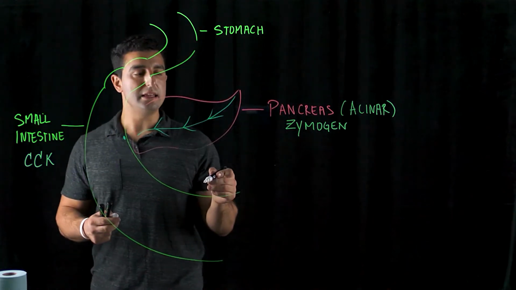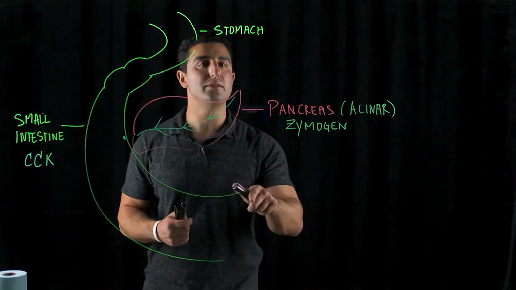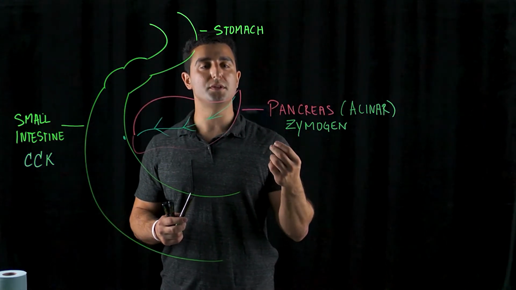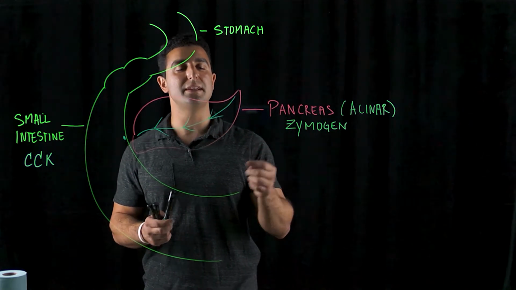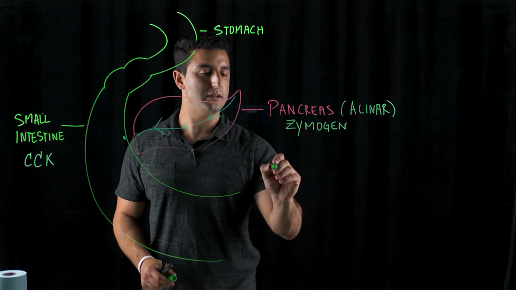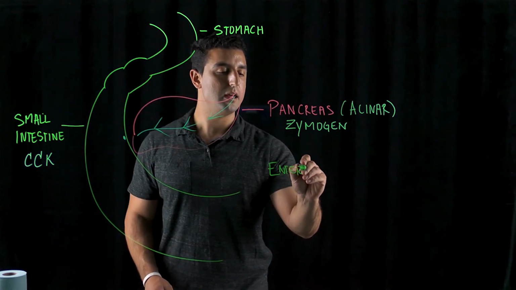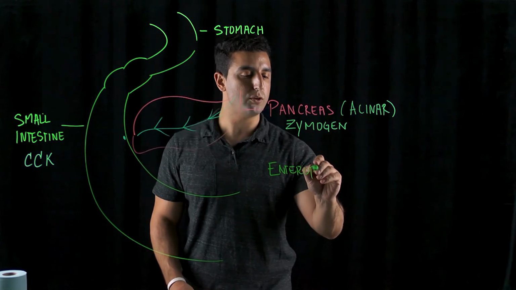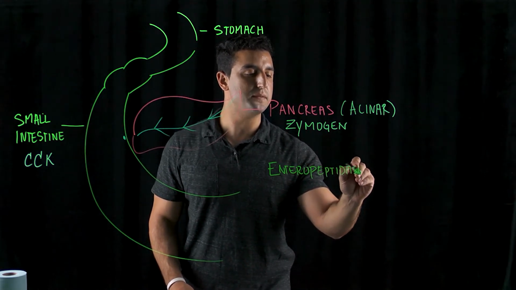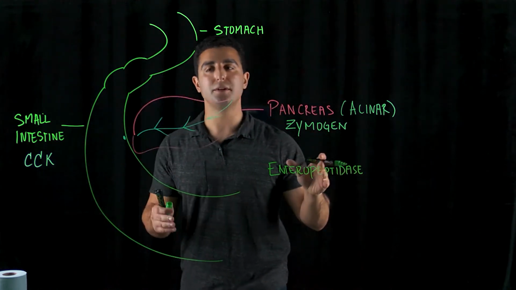In the membrane region of the duodenum, there are specific enzymes being secreted called enteropeptidases. The function of the enteropeptidase is to create a cascade of cleavages in order to activate these specific proteases.